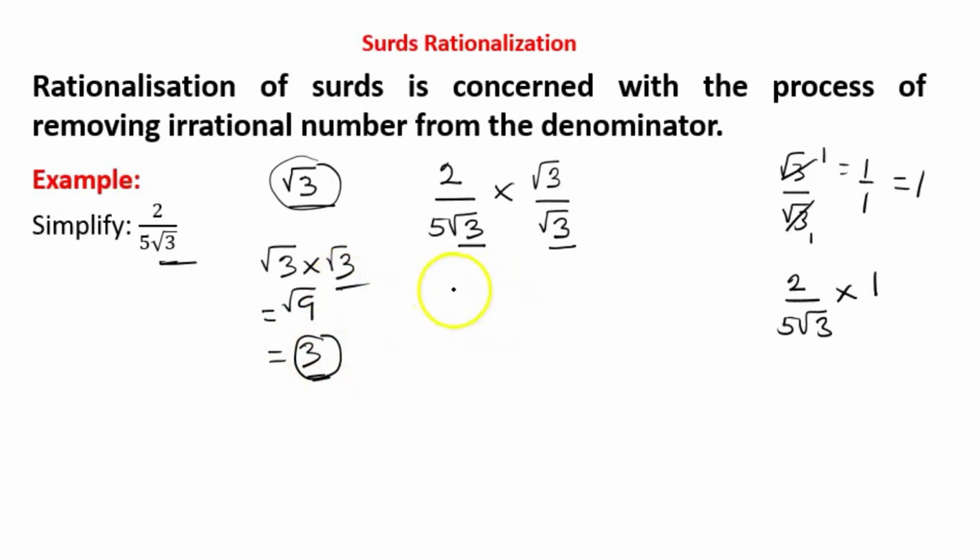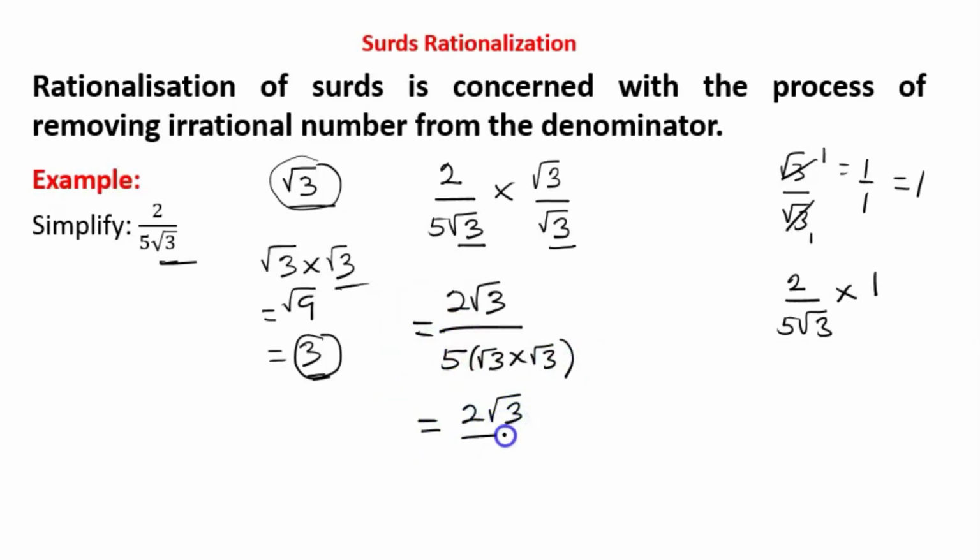And when you do that, you are going to have this irrational number removed. So when we do this, we are going to have 2 root 3 at the numerator. Then we are going to have 5 into root 3 multiplied by root 3. Okay, this is very important. We must know this. So we have 2 root 3 over 5 times root 9.